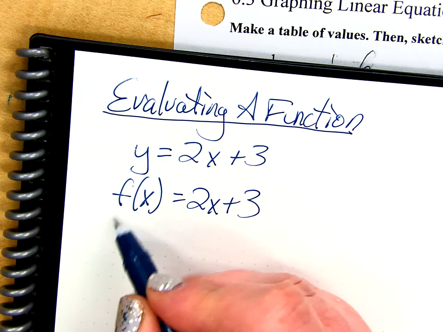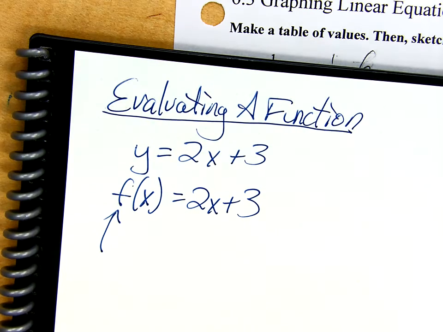So this first letter right here is literally just the name of the function. That's just what I'm naming it, because I might have more than one function that I'm dealing with at a time, so I need some way to tell them apart. Instead of calling them function 1, function 2, function 3, I just give them a letter as a name. So I'm going to call you f, and it's f for function. We're not that creative, right? It could be any letter you wanted, but usually we use f.